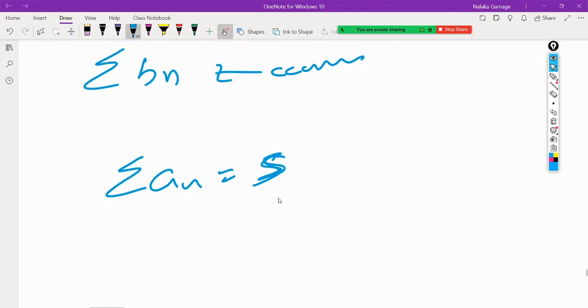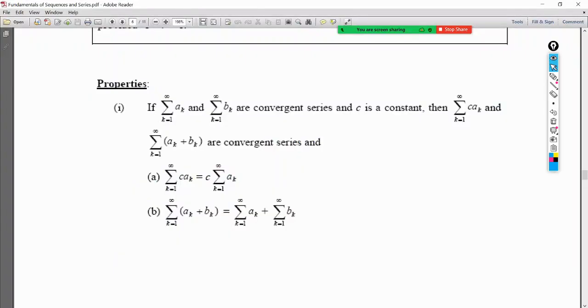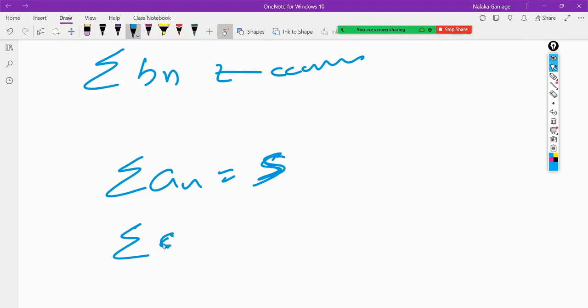Now if you have another series where each term is multiplied by a constant, we can write it as sigma C times an.